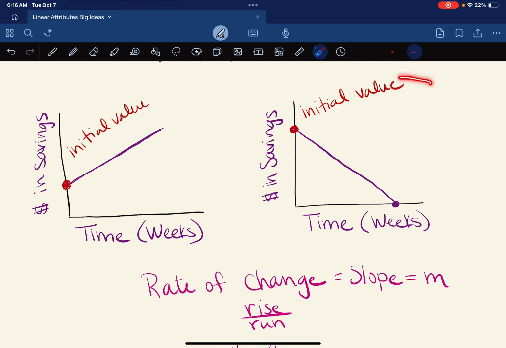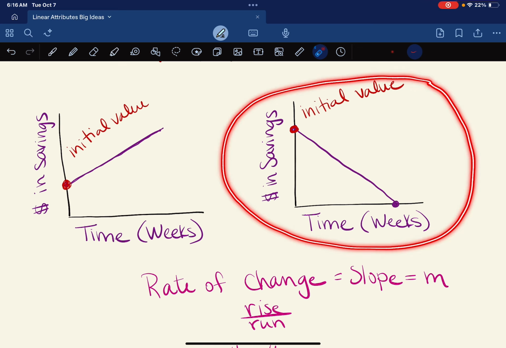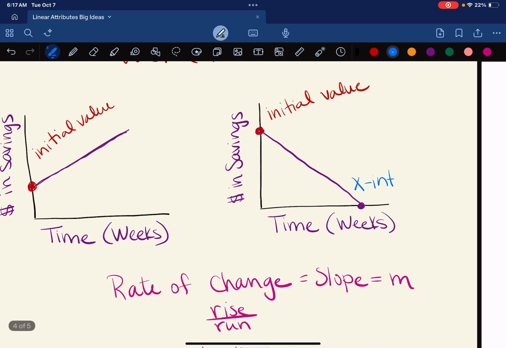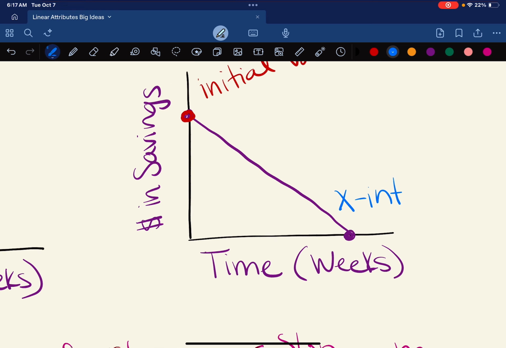But in our second example, right here, we can see that the money in our account is decreasing, and eventually we're going to hit an amount of $0. So our x-intercept in this problem, this is our x-intercept, is going to represent the amount of time that it takes to hit a y value of 0.